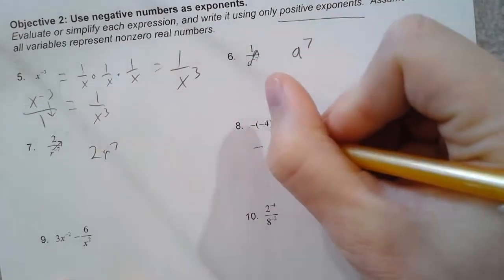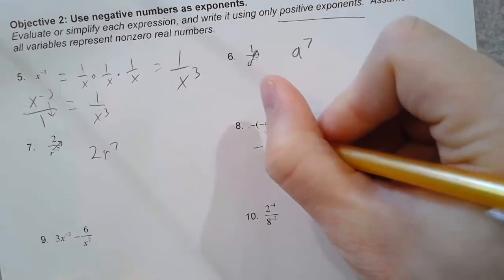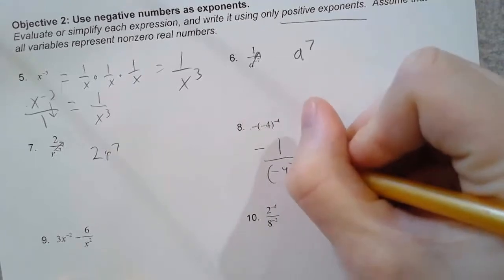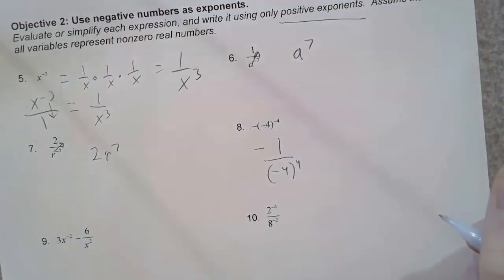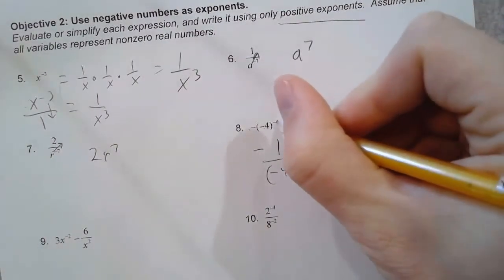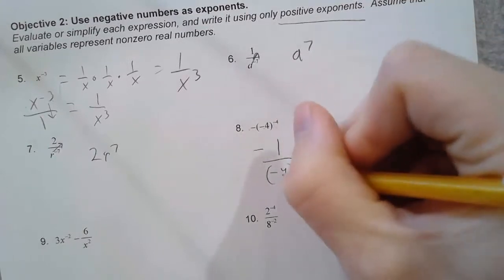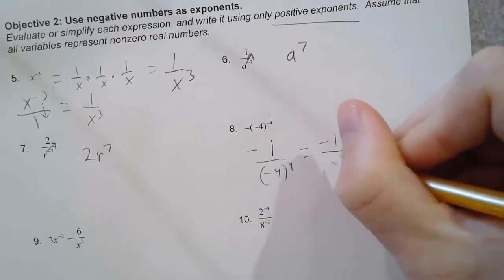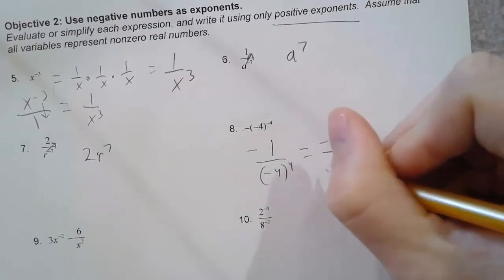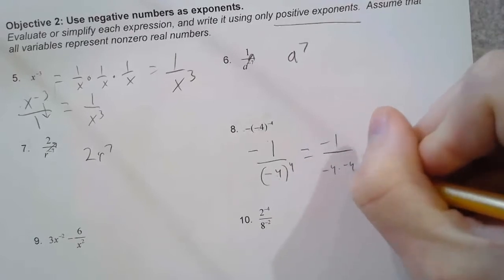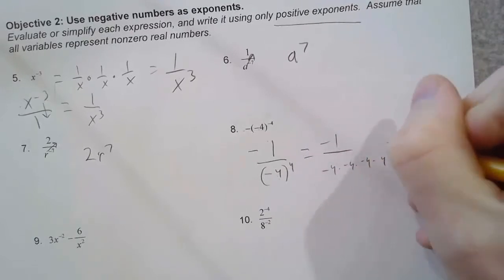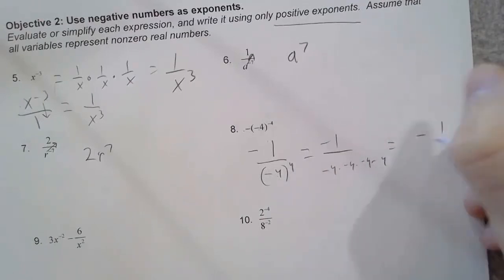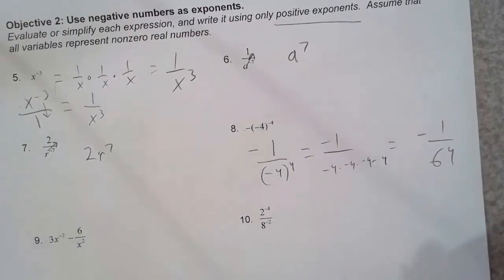This is negative 1 over negative 4 to the 4th. Because this negative tells me if I move it downstairs, it'll become positive. So this is negative 1 over, and then negative 4 to the 4th, that would be multiply negative 4 times itself 4 times, which turns out to be 64. So this is negative 1 over 64.